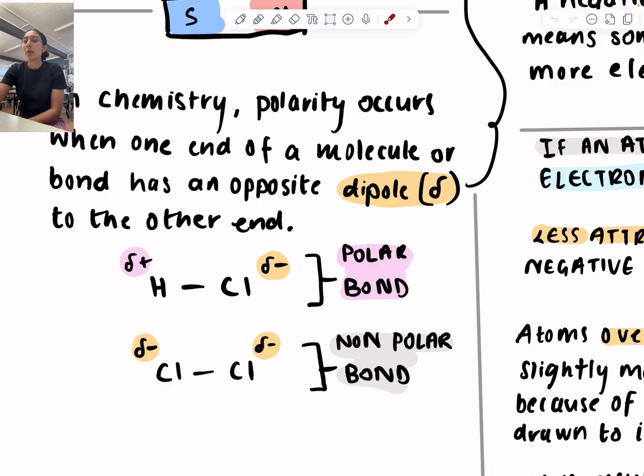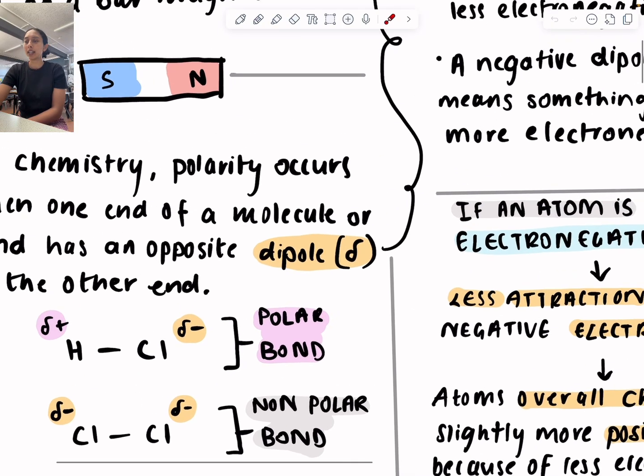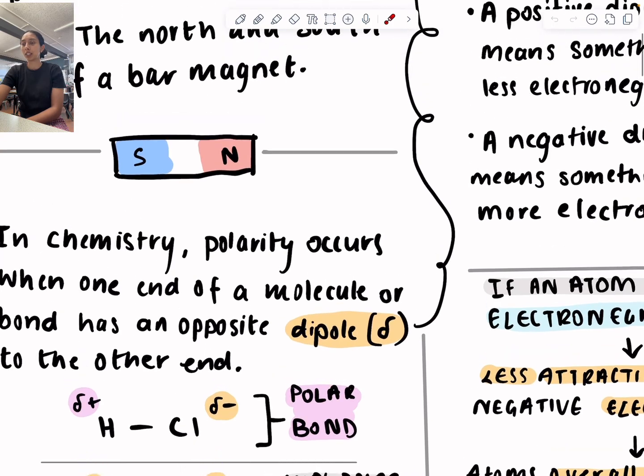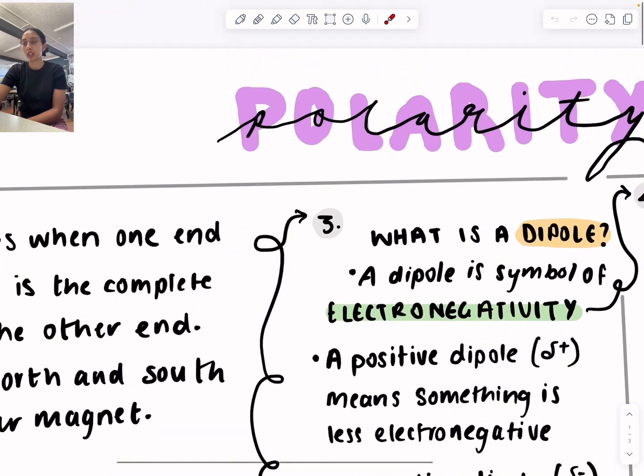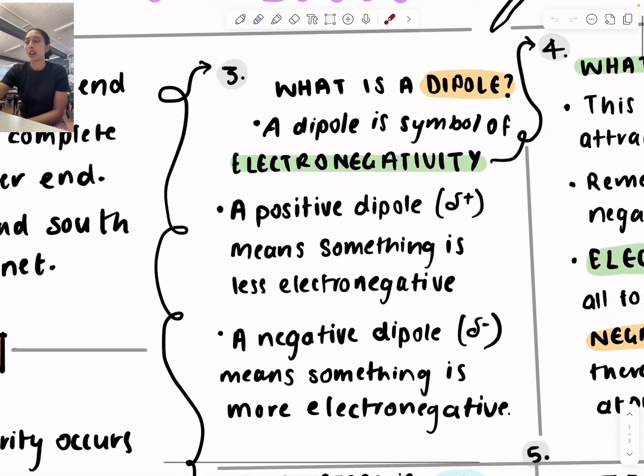Okay. So you might be wondering now, what the heck is a dipole? What is its reason? What is its purpose in the world of chemistry? Well, let's follow this arrow to number 3. A dipole is essentially a symbol which represents the electronegativity of something.